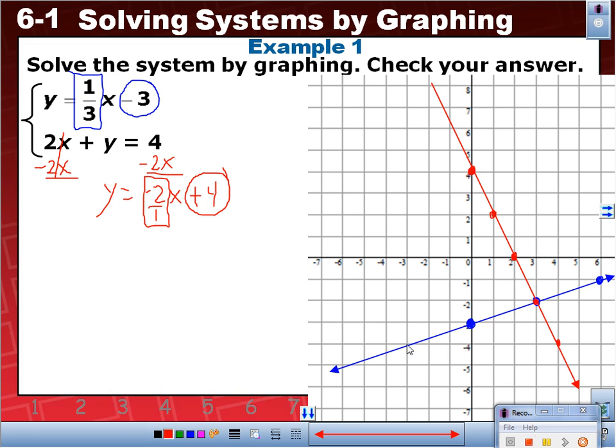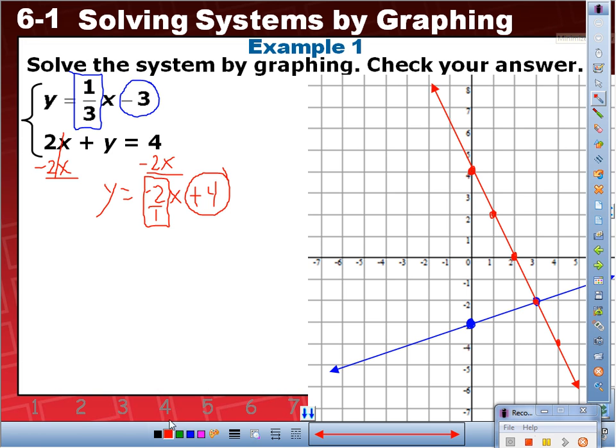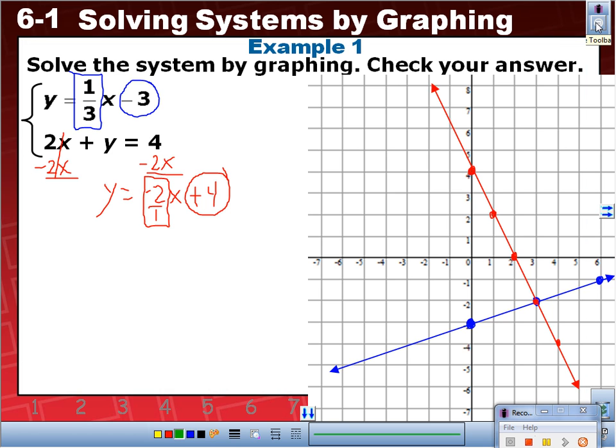Step 1, did we solve for y? Step 2, did we graph our equations? Yes. Step 3, identify the point of intersection of the lines. Everybody look up to the screen, please. I'm going to use green. Can you see where both lines are intersecting? At this point, I want you to identify it by circling it like this.